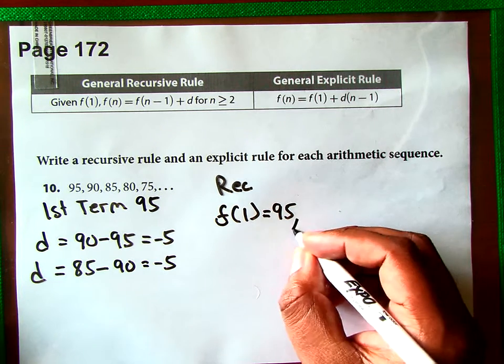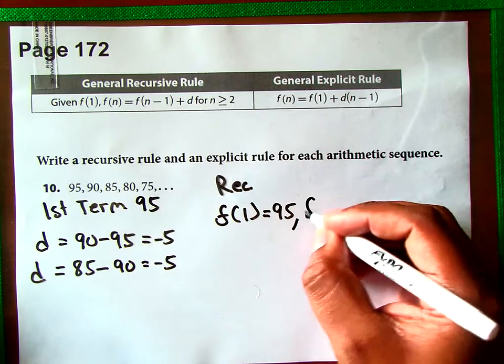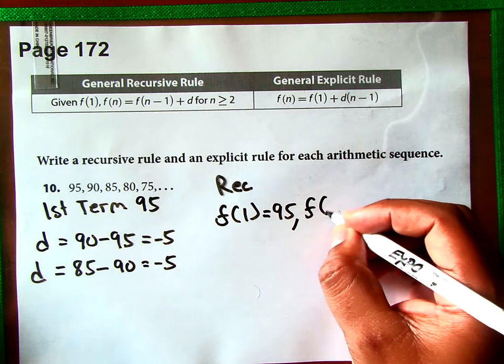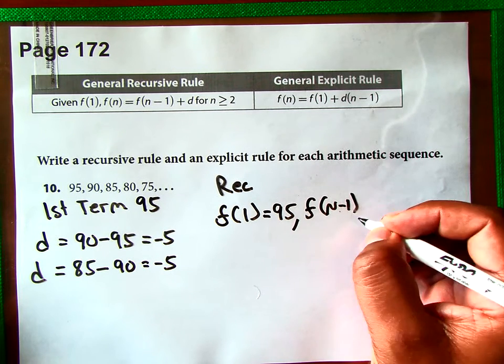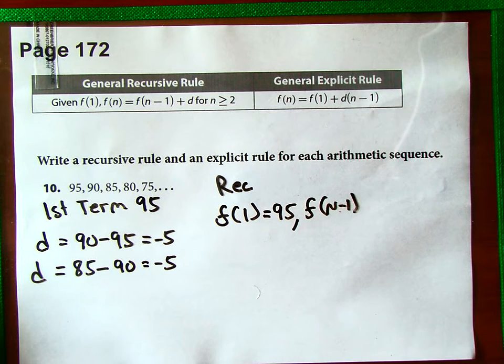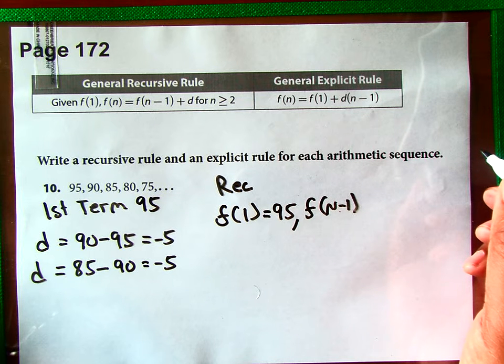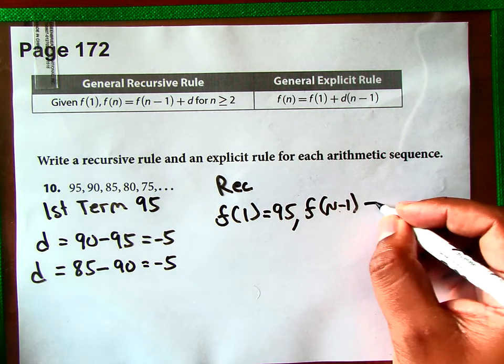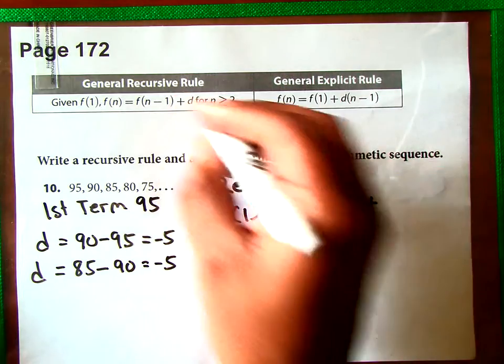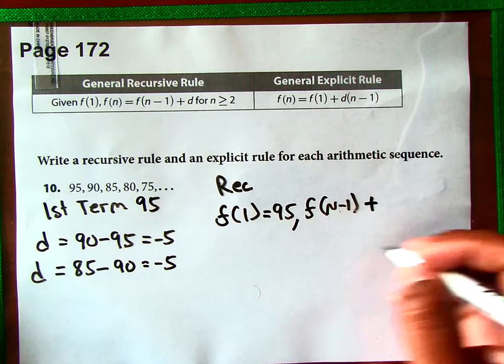All right, and put a comma here, and then put f of n minus 1 plus my difference, which is negative 5.